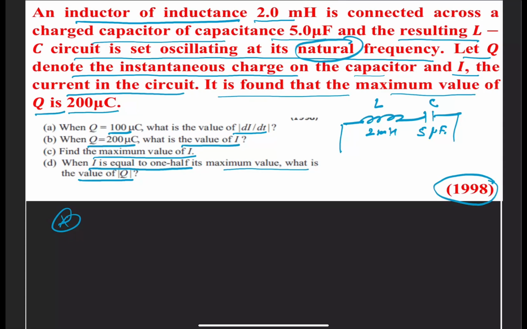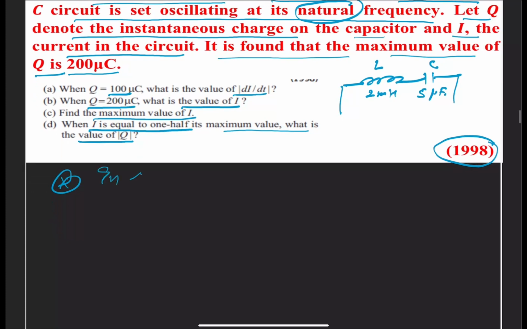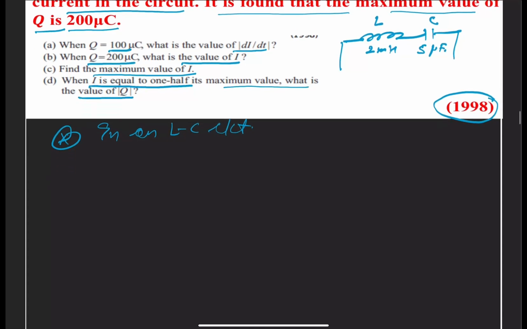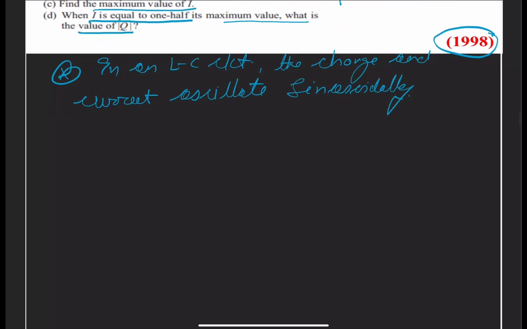You can say that in an LC circuit, the charge and current oscillate sinusoidally. And we can write this equation.